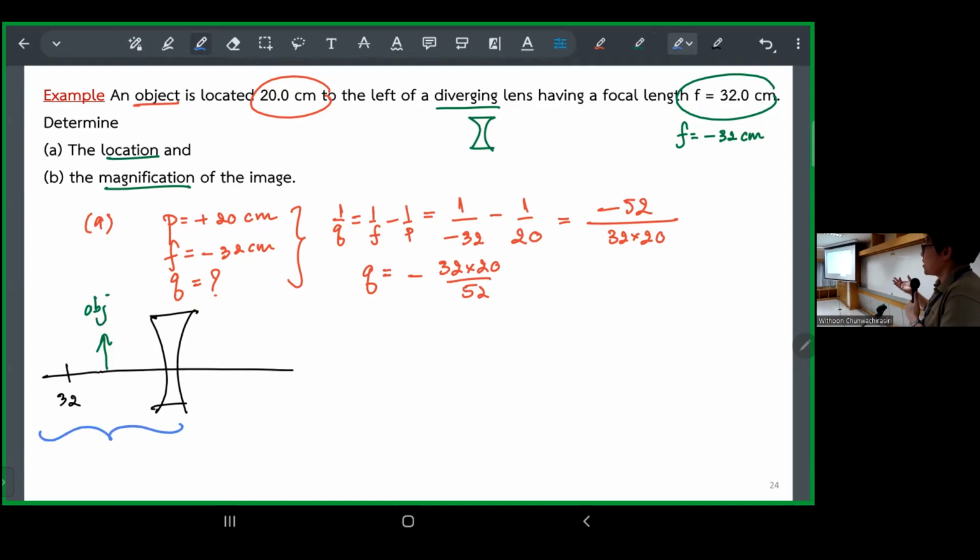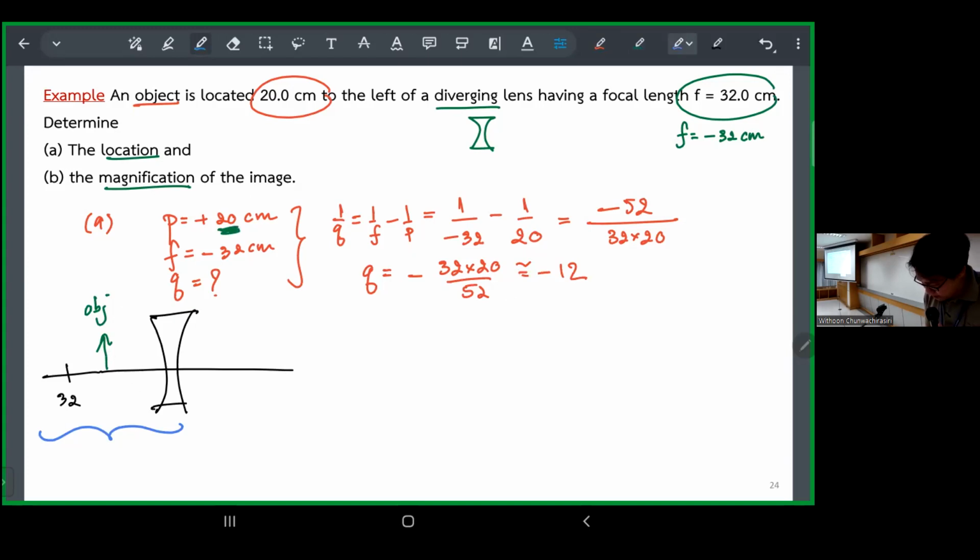The stuff that is real happens behind the lens. So if you approximate, this one is about 12. Approximately, is that right? Somewhere around there. So let's say that Q is about 12 while your object location is at 20.